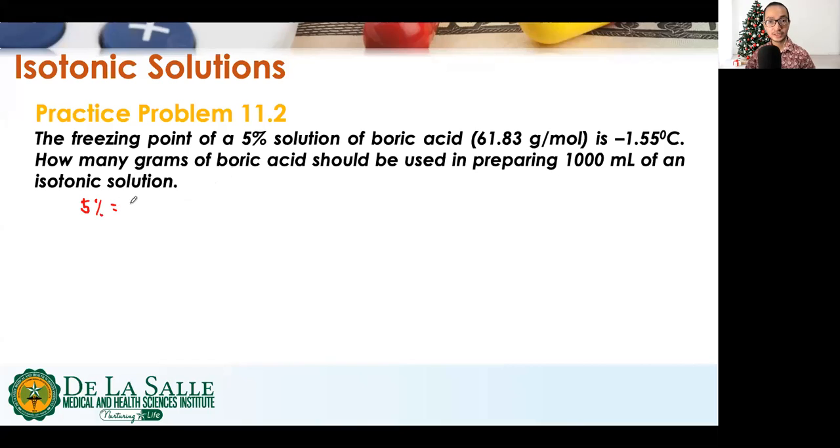Remember that a 5% boric acid means you have 5 grams of boric acid in 100 milliliters of the solution.